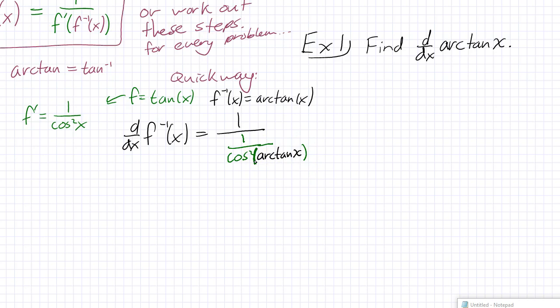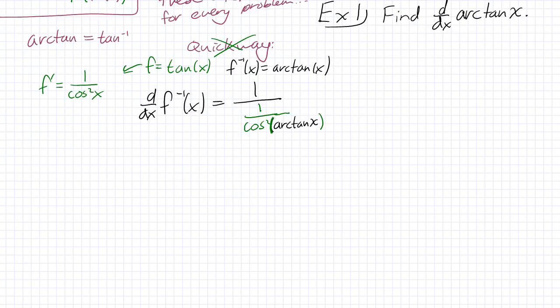So I lied. This isn't actually the quick way. Both ways are a little tricky here, but we'll see it works out both ways. So how do we figure out cosine squared of arctangent of x? Well, we'll look at that in a second, but first I'm just going to simplify this complex fraction.